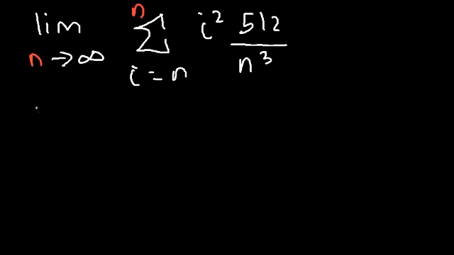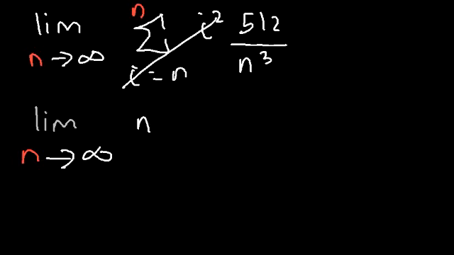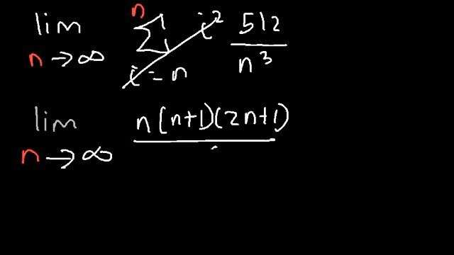So what we now have is the limit as n approaches infinity. This is gone, and it's going to be n plus 1 times 2n plus 1 divided by 6 times 512 over n cubed. 512 and 6 are divisible by 2.